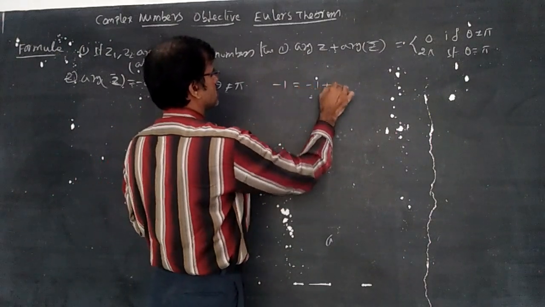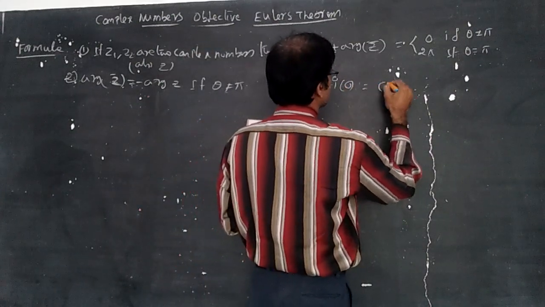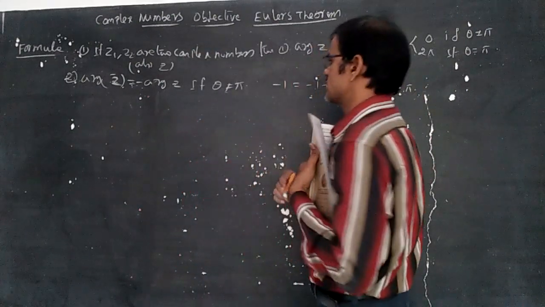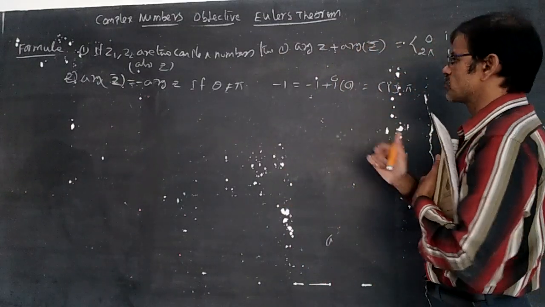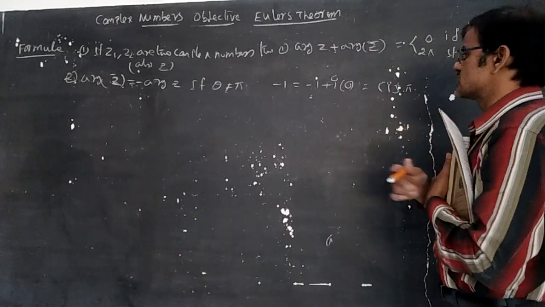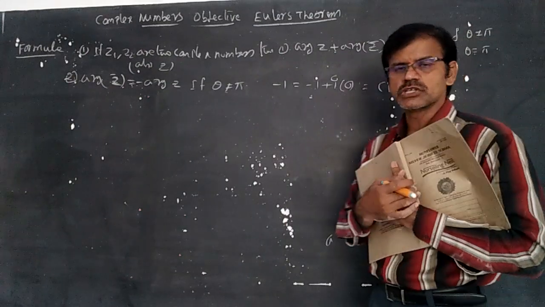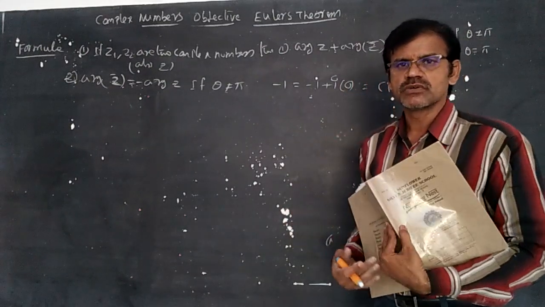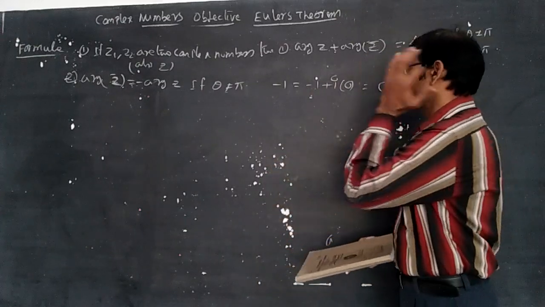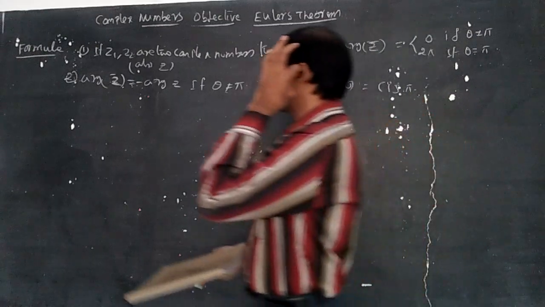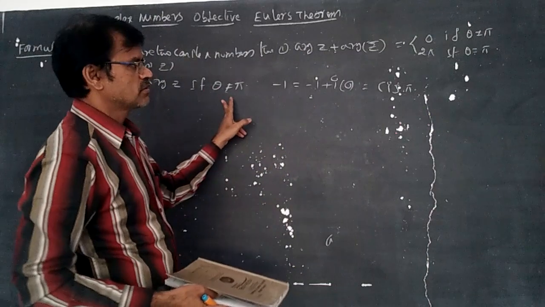So minus 1 is equal to minus 1 plus i into 0, which can be written as cos pi plus i sin pi, here theta is equal to pi. So what is the argument here? Minus 1 plus i into 0, conjugate is minus 1 minus i into 0. Minus 1 plus i into 0 is nothing but minus 1, and minus 1 minus i into 0 is also minus 1. So argument z is pi and argument z bar is also pi. In this case it is not possible.